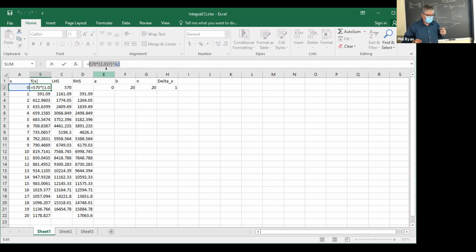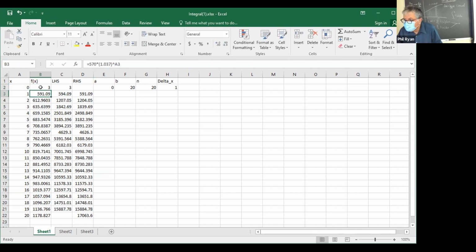So remember in the class yesterday, I talked about bacteria growing at a rate of, what was it? It was like 3 plus 0.1 t squared. So I'm going to change it to that. 3 plus 0.1 times A2 squared. Okay.